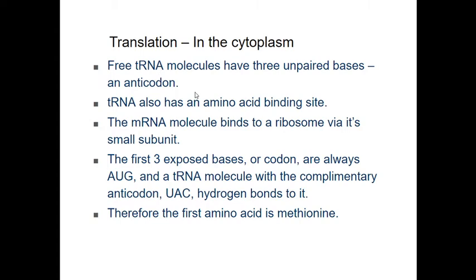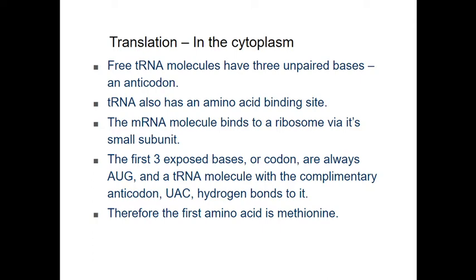tRNA also has an amino acid binding site, which is right at the top of the clover shape tRNA molecule. The mRNA molecule binds to a ribosome via its small subunit, because the ribosome has a small and a large subunit.